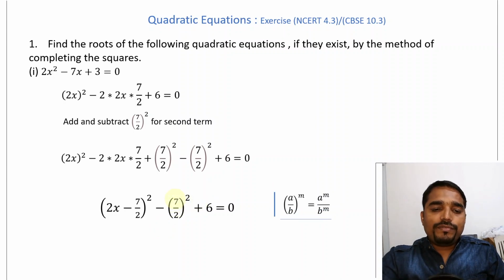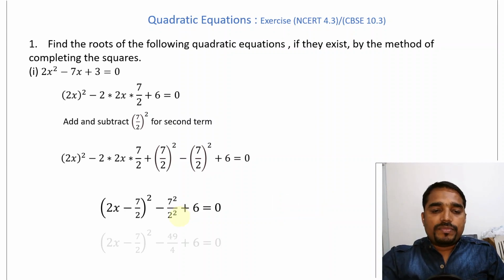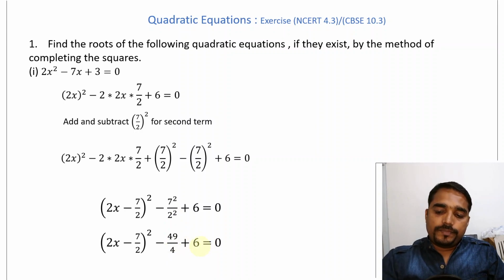Now to simplify 7 by 2 whole square, it looks like a by b whole power m, that is a power m by b power m. This is one of the formulas in theory of indices. Now let us apply that particular formula here. 2x minus 7 by 2 whole square would remain as it is, minus 7 square by 2 square plus 6. Now 7 square is 49, 2 square is 4, plus 6 as it is.